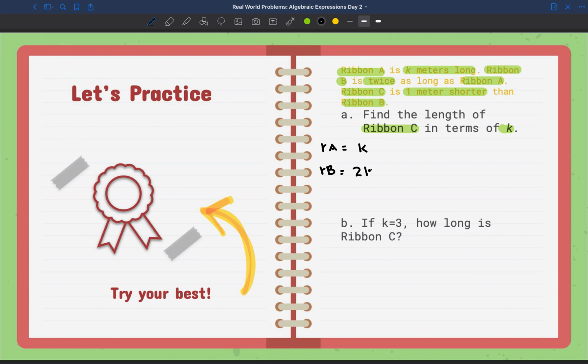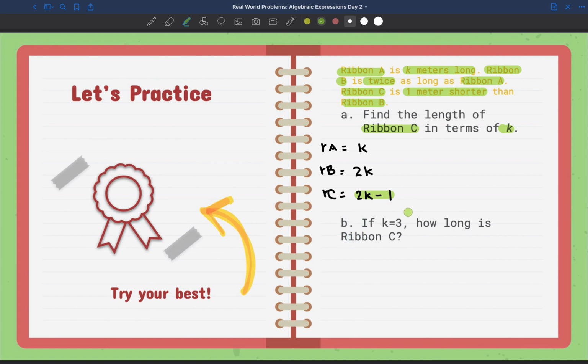So 2 times K, because it's twice as long as ribbon A. And ribbon C is 1 less than ribbon B. So it is 2K, and it's 1 less than 2K. So this would be our final answer for part A.